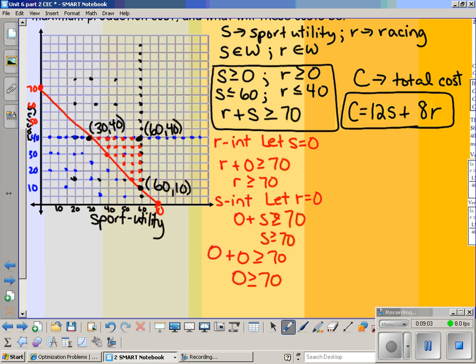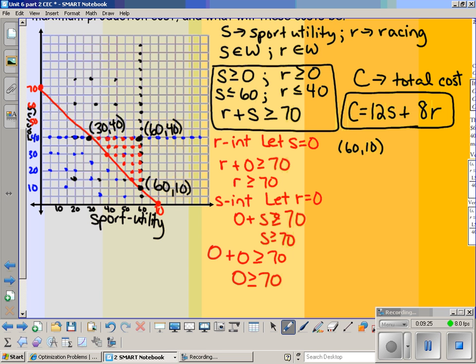Those are the 3 possible places that we will have a maximum or minimum value. Now we substitute those into our objective function, our cost equation, and we see what kind of values we come up with. If we start with the first one of 60, 10.